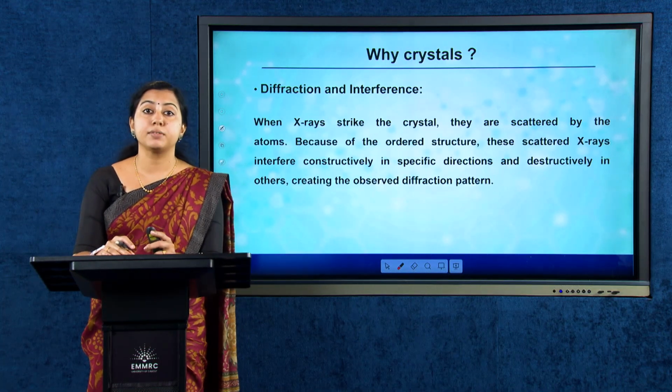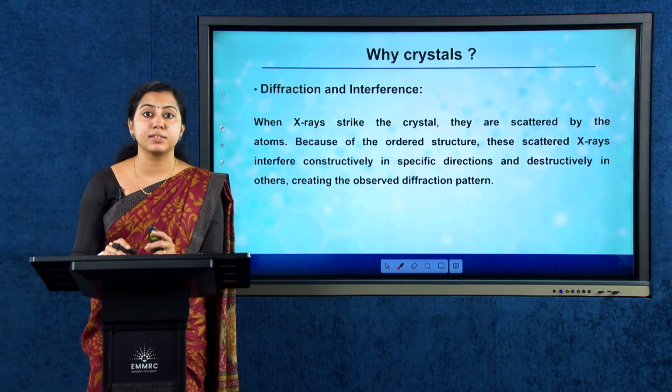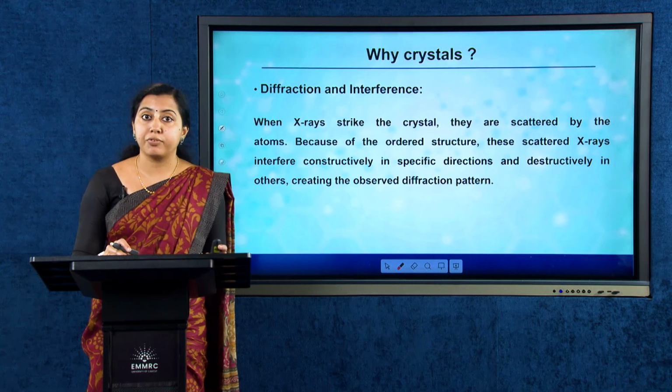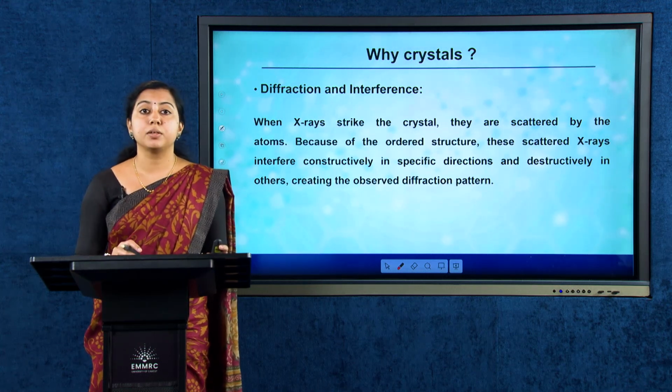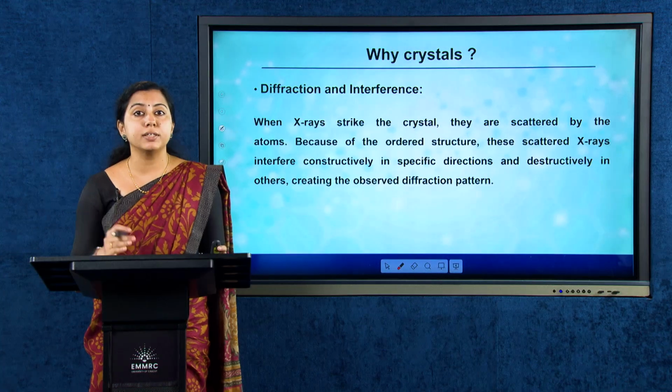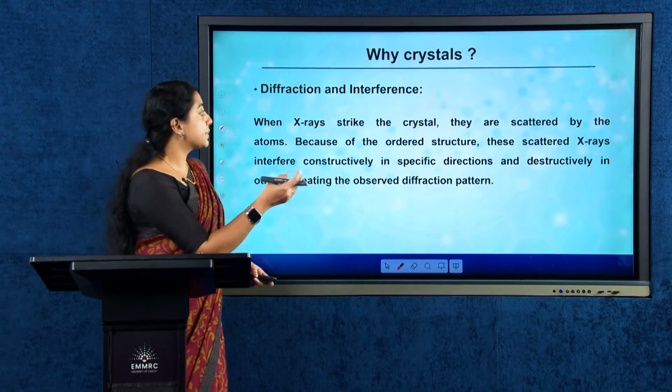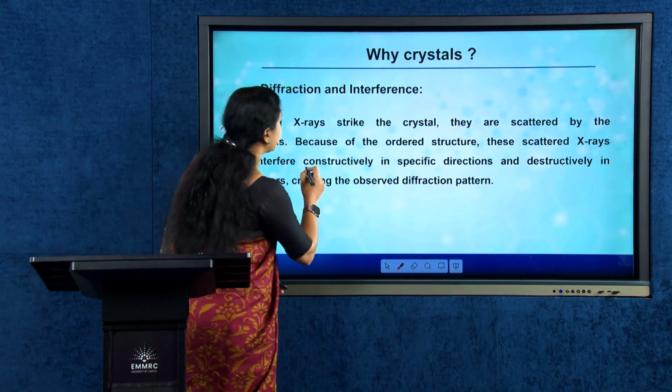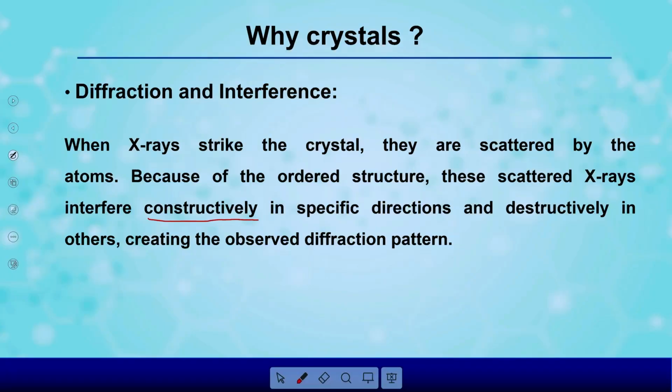And what happens when X-rays strike the crystal? They are diffracted or scattered by the atoms. And because of their ordered structure, these scattered X-rays interfere constructively in specific directions and destructively in others, creating the observed diffraction pattern.